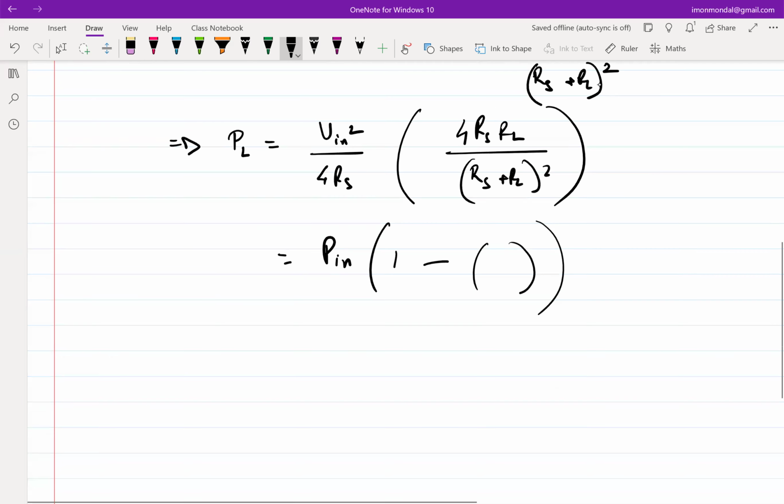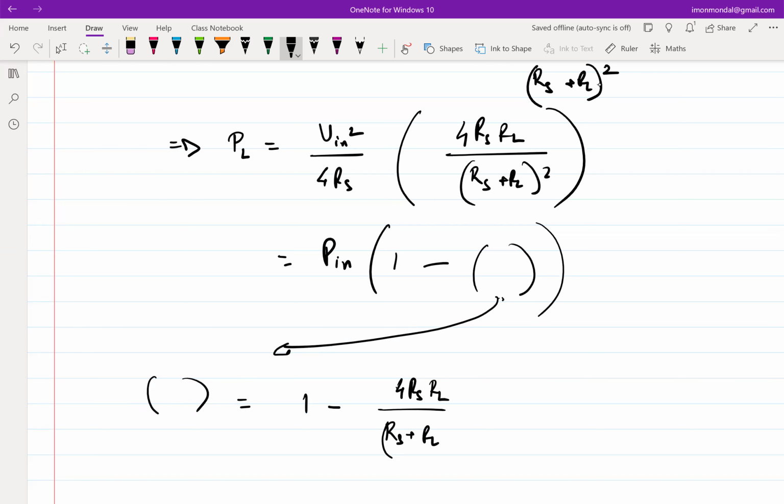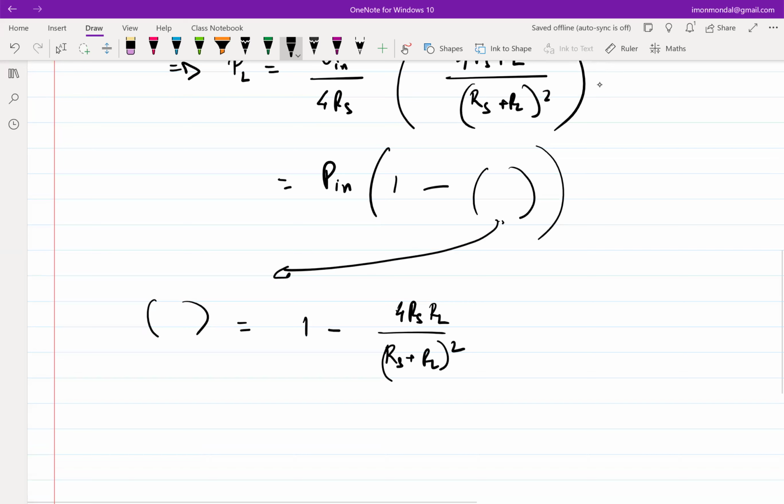So what is that something? That I can basically equate the top and the bottom equations to figure out, right? So what will be that something? Whatever I get essentially is equal to, so you get RL plus RS whole squared, it's 4 RL RS.